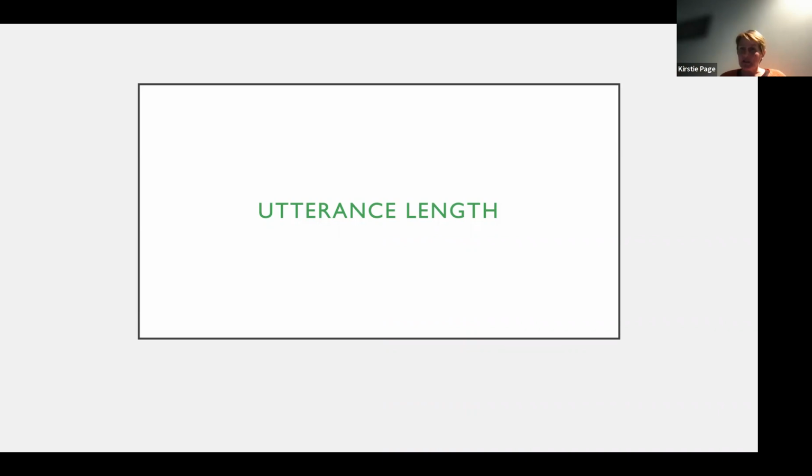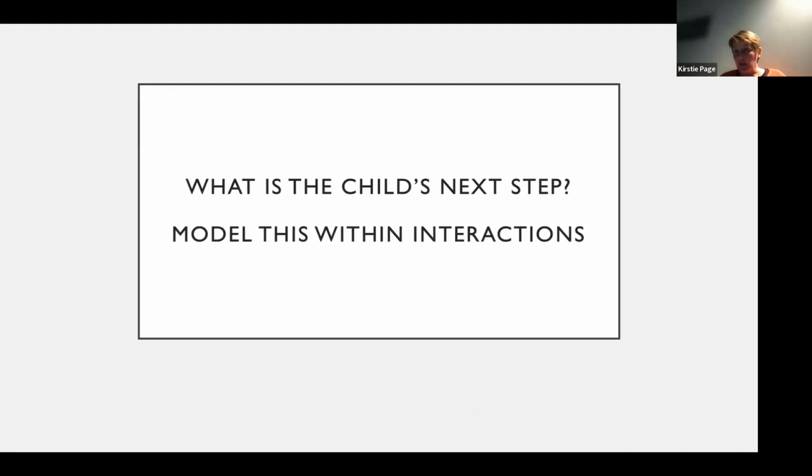But where there are issues with utterance length, we've got to be aware of that language load from ourselves as well. So if we're thinking about how long the child's sentences are, well, what would be their next step? If they were using single words, I of course want to build that single word vocabulary, but my next step would be for that child to begin to link 2 words together. If they were linking 2 words together, my next step would be that they will begin to link 3 words together and begin to use some very early elements of grammatical structure.